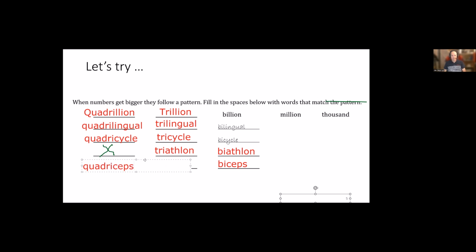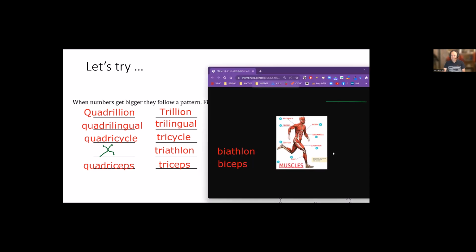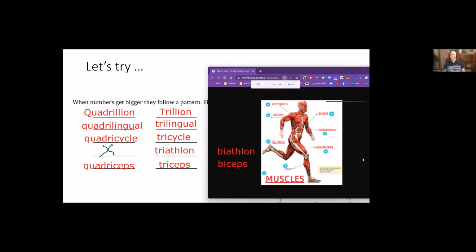So we can see the pattern, and let me show you what that looks like. I'll bring another photo in here. Here we go. Here's some information. Let me do it this way, make it a little bit bigger so you can see. Okay, so you can see that the muscle groups are listed here. So let me point out this one.